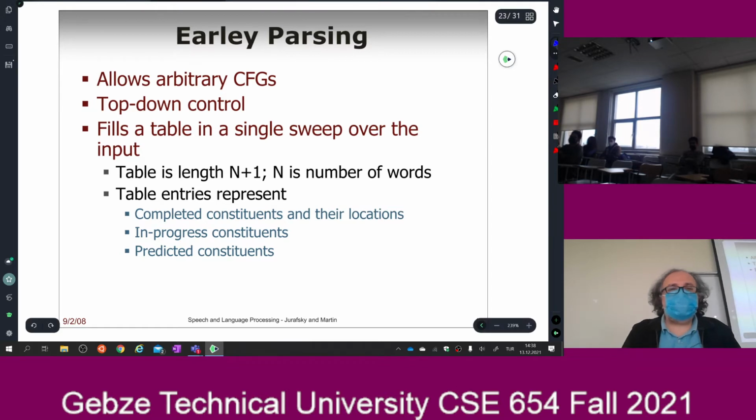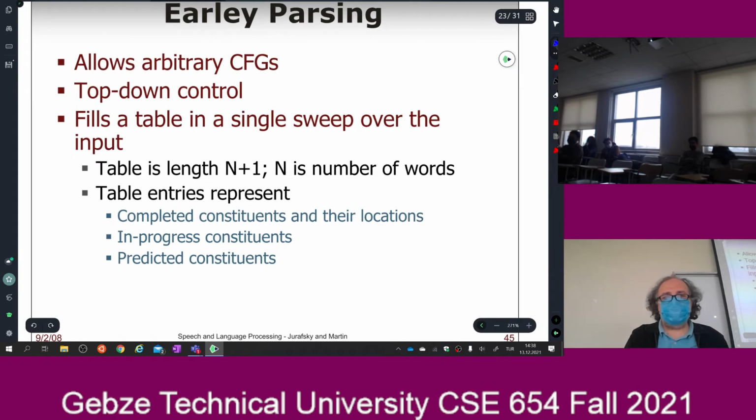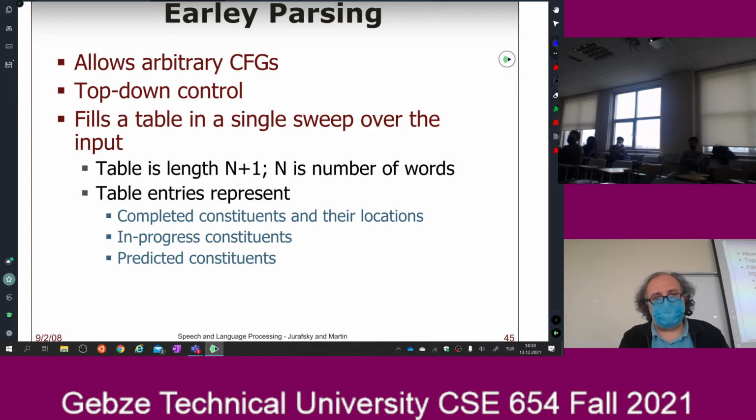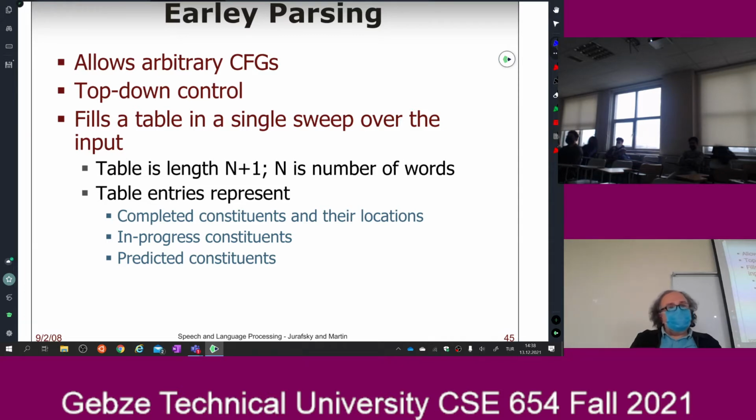Okay. So the length of the table is n plus 1, n is the number of words, and inside this table we have completed constituents, okay, a constituent that I have seen for all the words from the beginning of the sentence up to this point. There are some constituents in progress, okay.